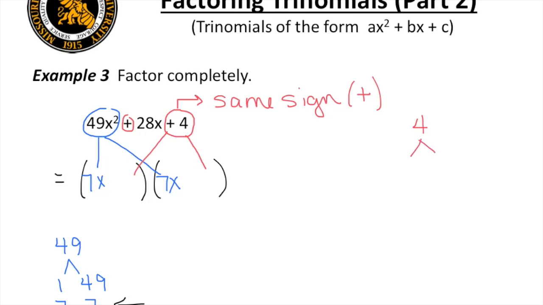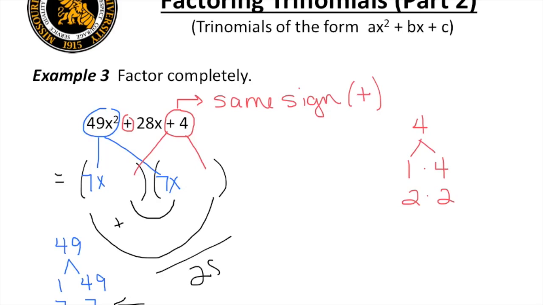Now the number 4 also has 2 factor pairs, 1 and 4, along with 2 and 2. Keeping in mind that we need to have our inner product plus our outer product equaling 28x.